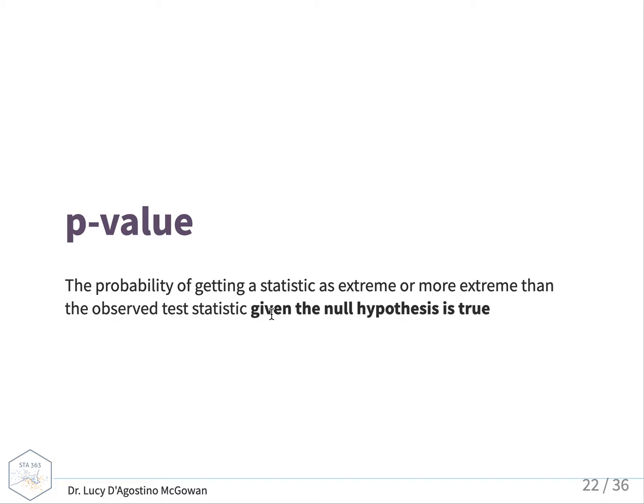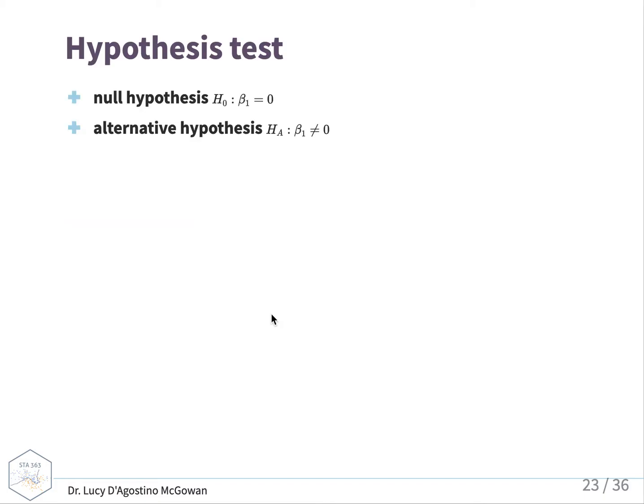So that 0.15 is the probability of getting a statistic as extreme or more extreme than my observed test statistic of 1.5, given the null hypothesis is true. This is a little hypothesis testing: the null hypothesis here, in simple linear regression when we're interested in testing the slope, is that beta 1 equals 0. And the alternative hypothesis is that beta 1 is not equal to 0.